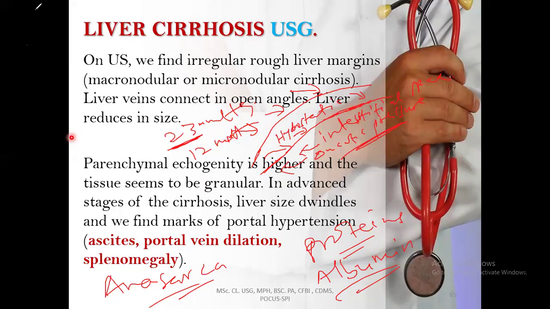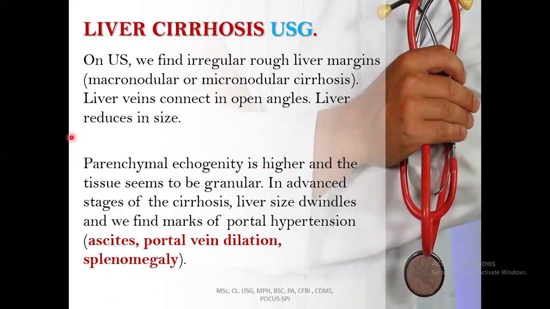Okay. So that is that mechanism. On ultrasound, we find irregular... How do we see cirrhosis on the ultrasound machine? On ultrasound, we find irregular, rough liver margins, which are macronodular or micronodular cirrhosis.